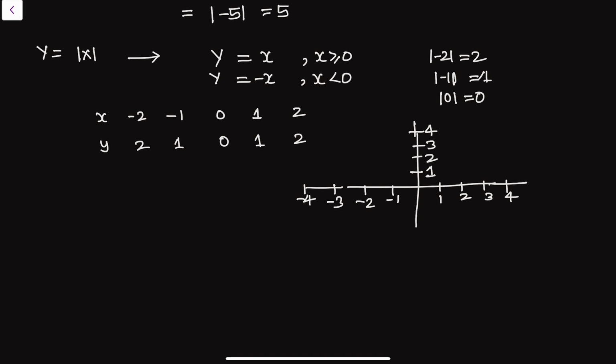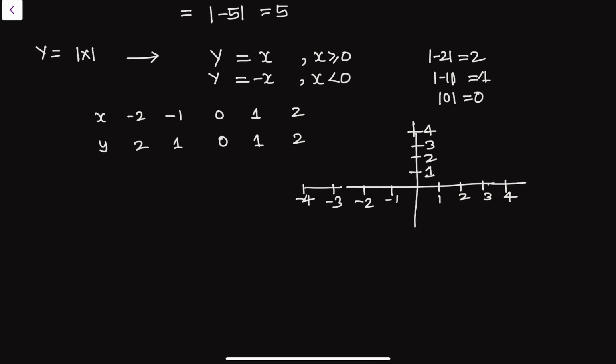Corresponding to x is equal to 0, the y value is 0, so we mark the first point, 0, 0. Next to the 1 we have 1, next to the 2 we have 2, next to the 3 we have 3. So you draw the graph for positive values including the 0.